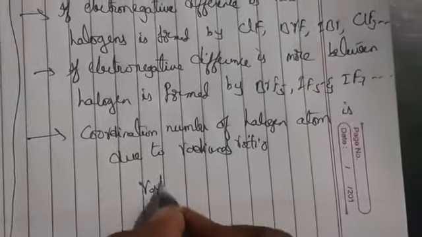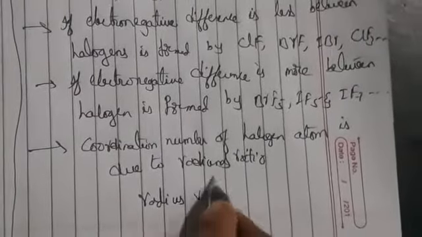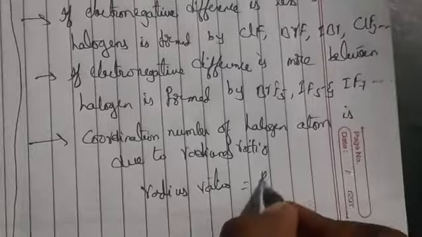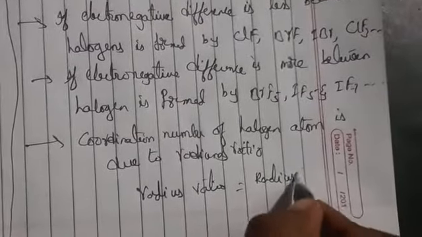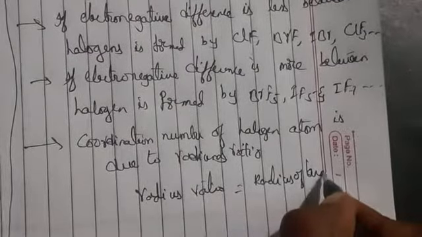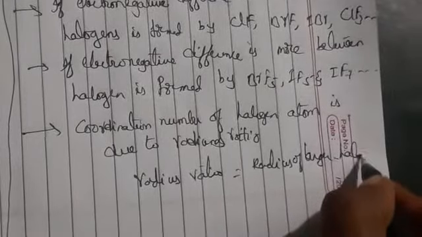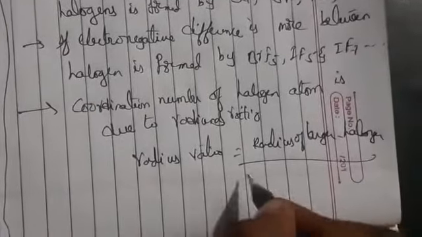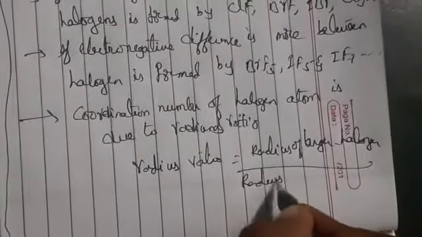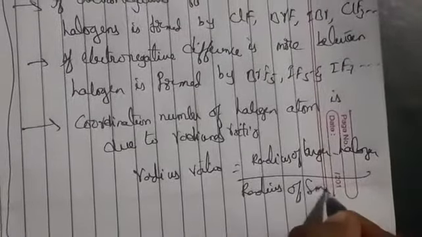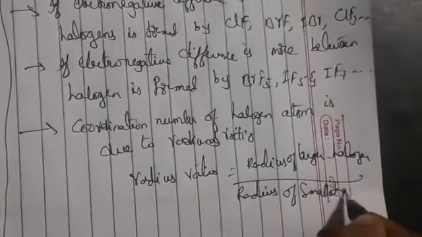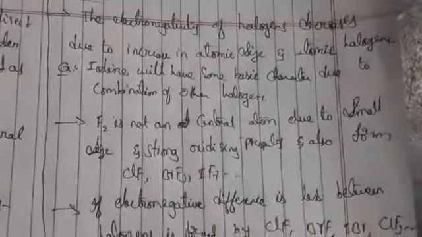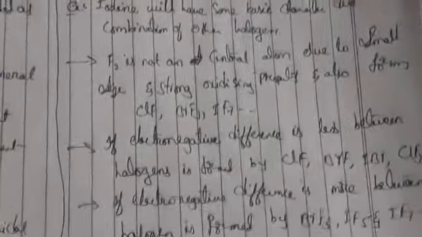Here the radius ratio is equal to the radius of the larger halogen by the radius of the smaller halogen. Based upon this we are going to calculate the coordination number. So these are the reasons for how interhalogen compounds are formed.